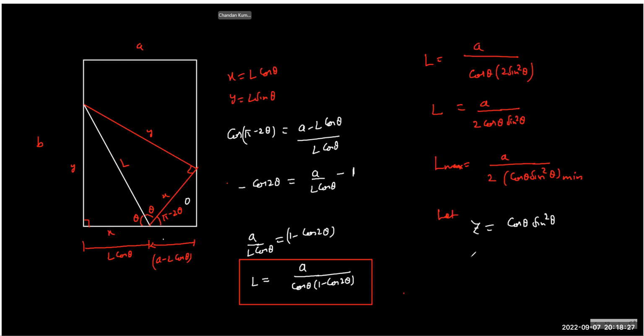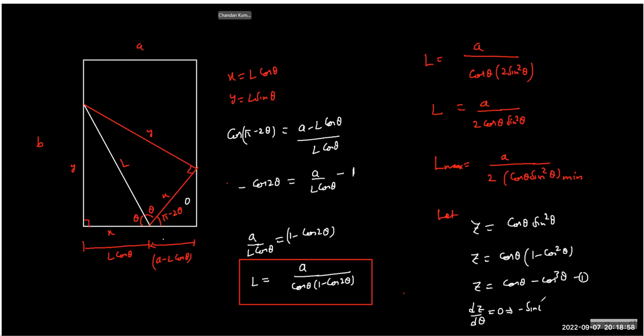So dz by dθ, because θ is a variable here. So dz by dθ equals 0. We have to differentiate and equate to 0. So if you differentiate, what will we get?